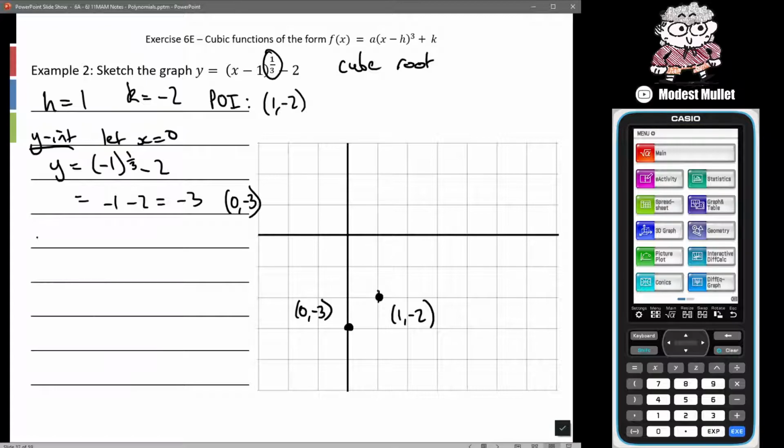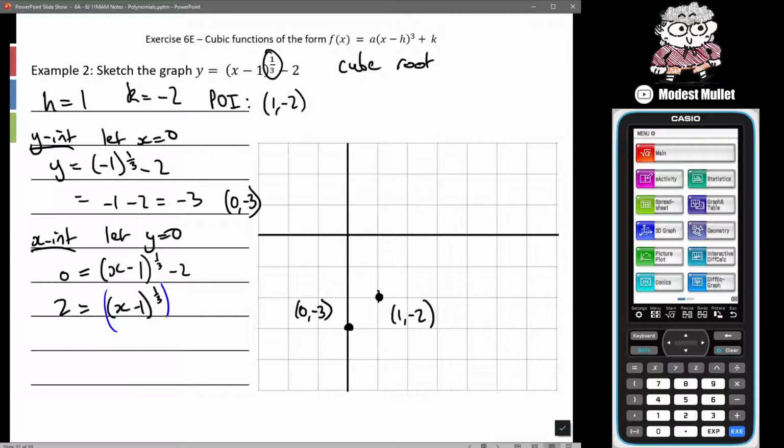And then my x-intercept, at y equals 0, so we get 0 is equal to (x minus 1) to the 1/3 minus 2. So we get 2 is equal to (x minus 1) to the 1/3. Now, how do we move that 1/3? What's the opposite of a cube root?